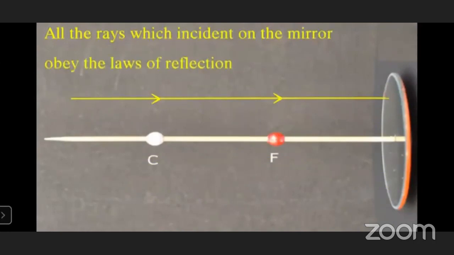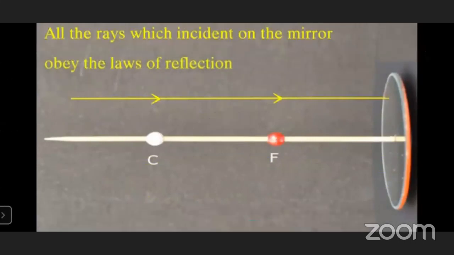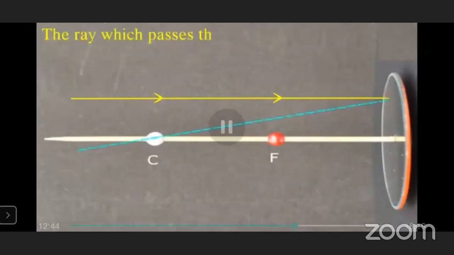The one ray which is parallel to the principal axis is incident on the concave mirror and bounces back.